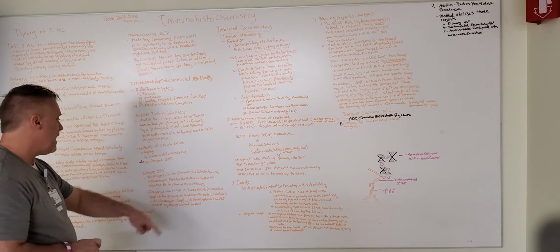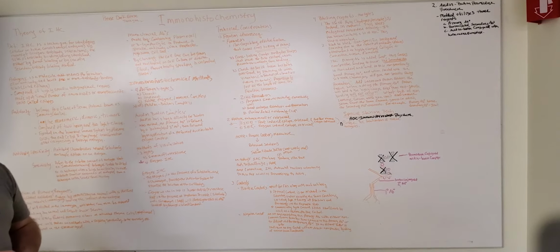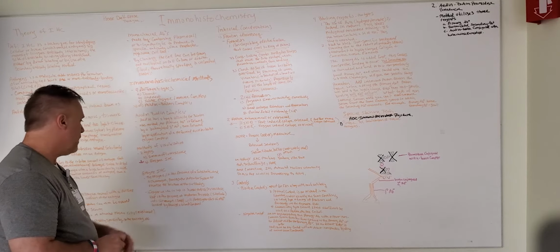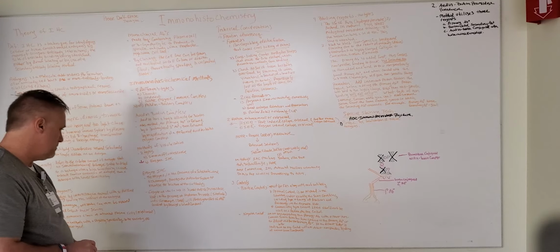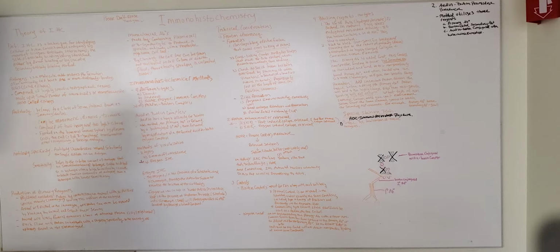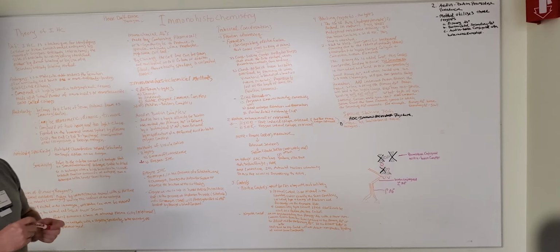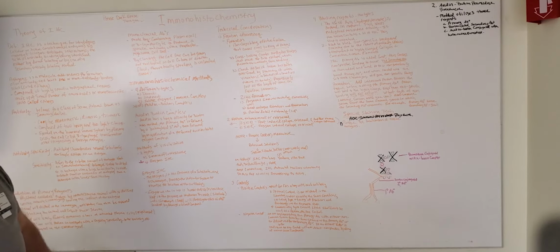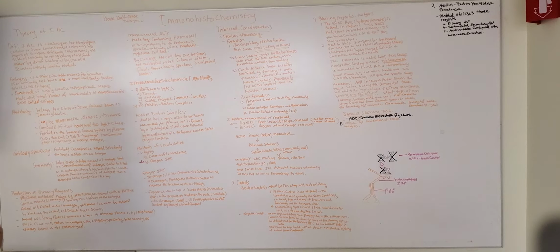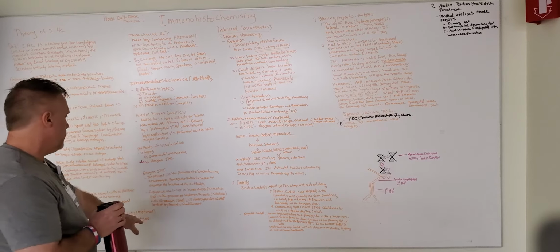The enzyme that we use in the lab is called horseradish peroxidase, HRP, in the presence of hydrogen peroxide, the substrate, and a chromogen called DAB, 3,3-diaminobenzidine. A while back when we were using this, they said that it was a suspected carcinogen. Now they're saying it's not. So I guess it doesn't cause cancer in humans.